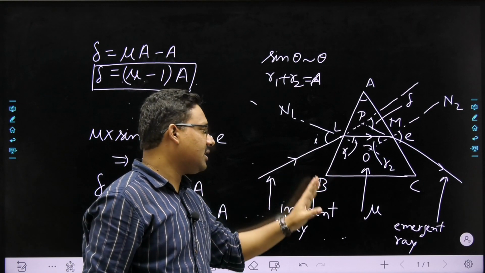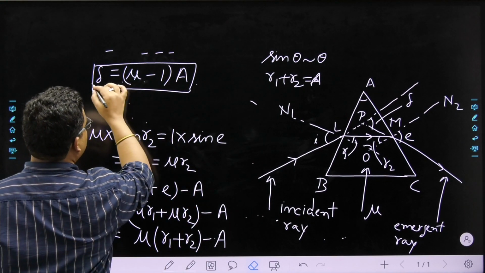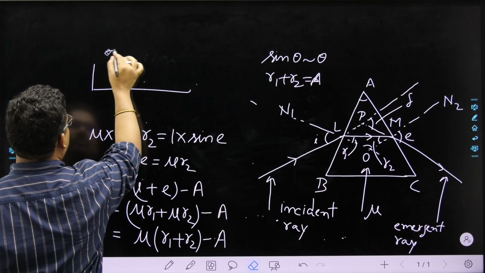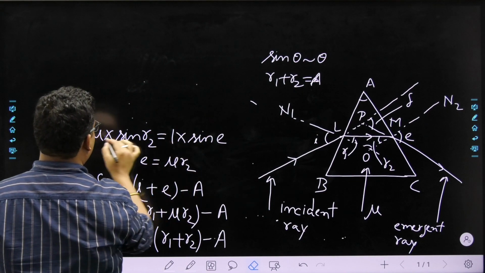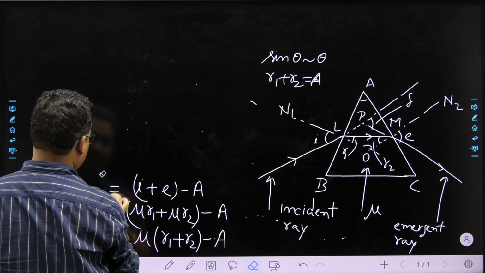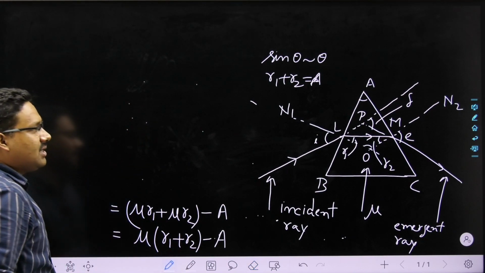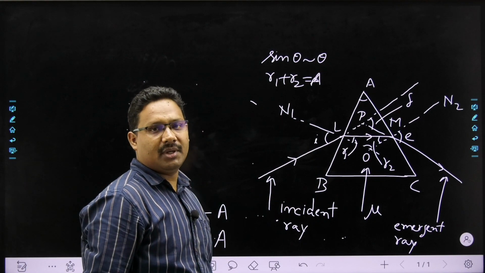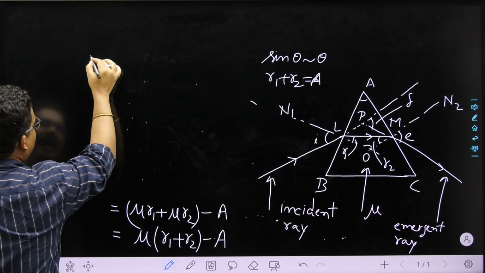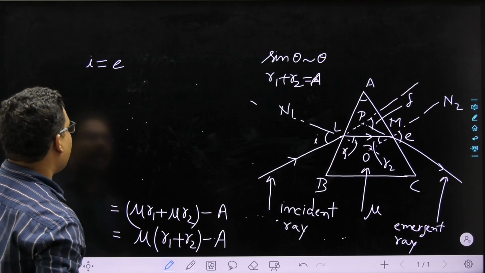Now, we know that in the case of minimum deviation, the angle of incidence becomes equal to the angle of emergence.